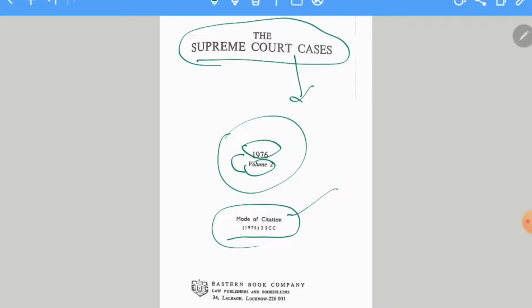So whenever you are going to give a citation from the Supreme Court Cases, you will always write in this style. Within the parenthesis, you will write the year, then the volume number, and then the name of the journal. Now the publisher is Eastern Book Company. So these are the basic details you will get on the second page of this SCC journal.